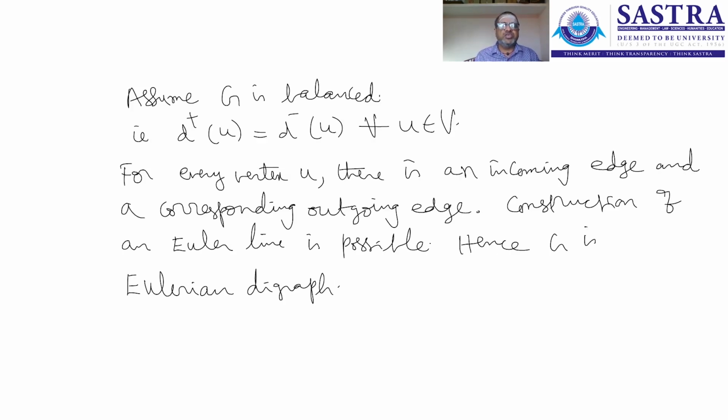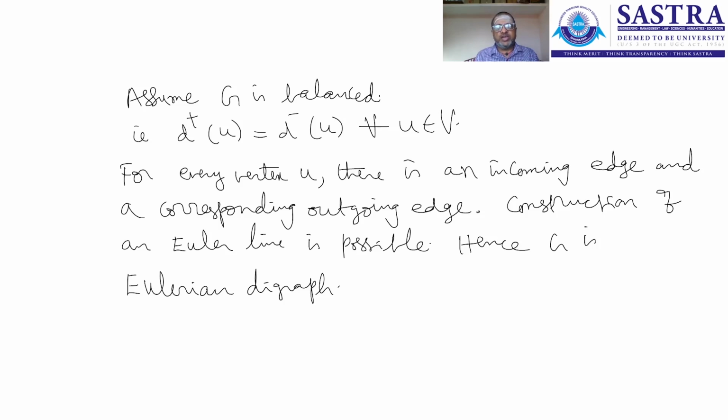The second part is obviously easy because the graph G is balanced. That is the assumption that we make. So d plus of u is equal to d minus of u for every u in V. And what is the definition of this? For every incoming edge, there will be a corresponding outgoing edge, because d plus u is equal to d minus u. Suppose I take in degree of u as 3, I will have 3 edges coming into the vertex u and 3 edges leaving that particular vertex.